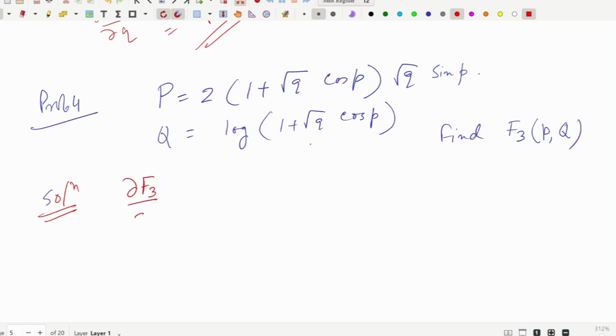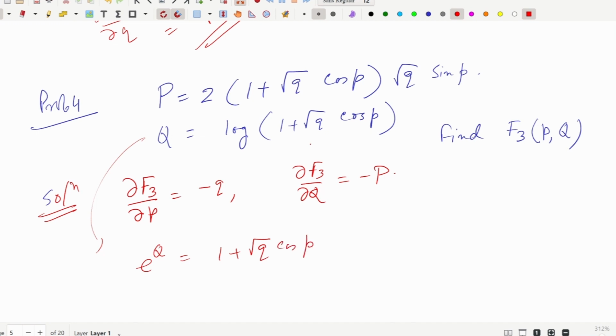So, to find the solution, you have to write the equations of motion for this generating functional. For f3, both equations have a negative sign, so del f3 del p is minus capital P, and del f3 del Q will be minus p. Okay. But the transformation apparently looks very complicated. So in this case you have to simplify the canonical transformation. For example, if we simplify this, e to the power Q will be 1 plus root q cos p.